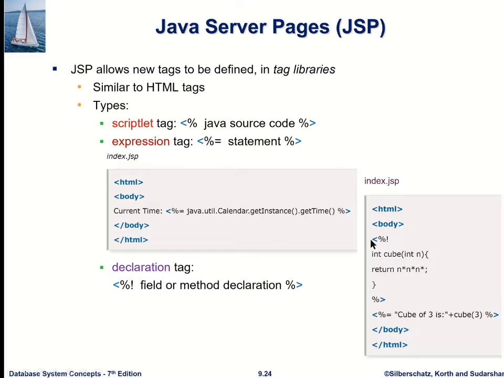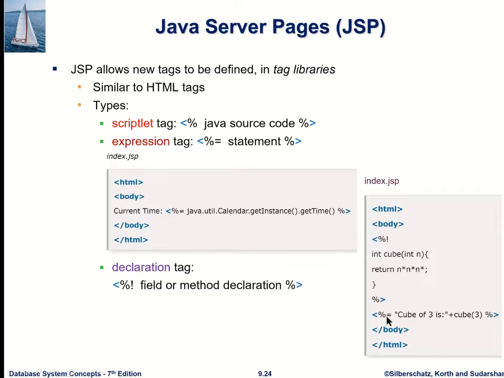And the end. That means here we declare a function, and after that we can just call this function directly because we already declared this function as a JSP method. Just define a method in this part, and then we can call it in the JSP code.